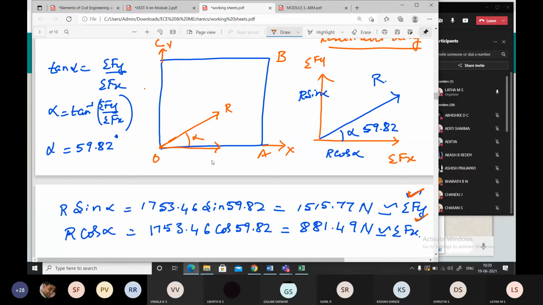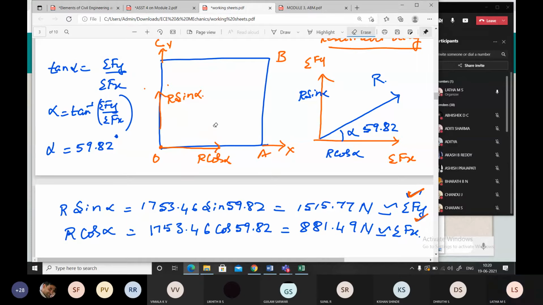Now, what is this value, students? R cos alpha. And what is this value? R sin alpha. Therefore, I can remove this resultant here.